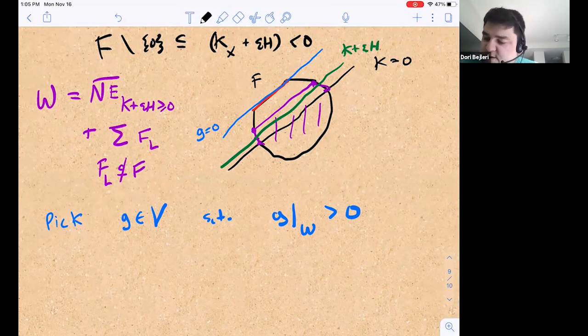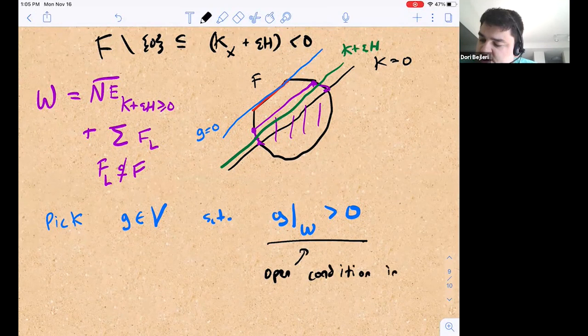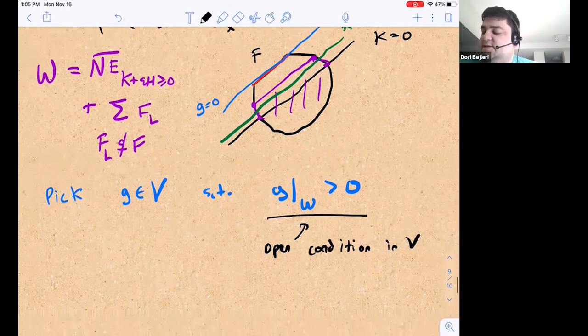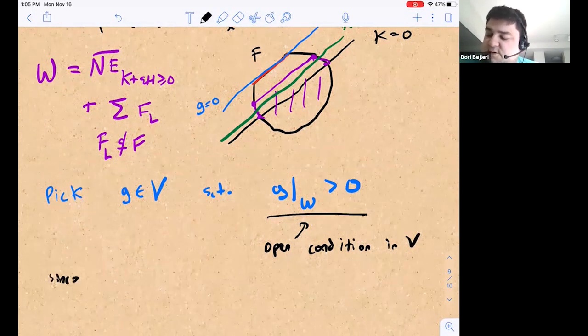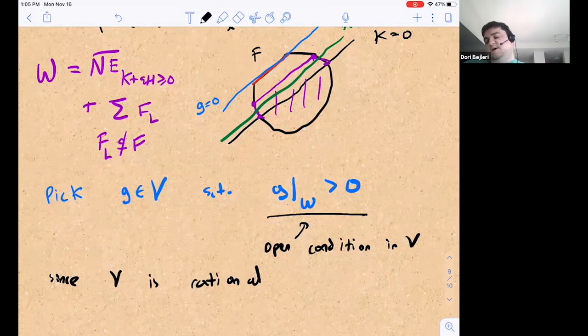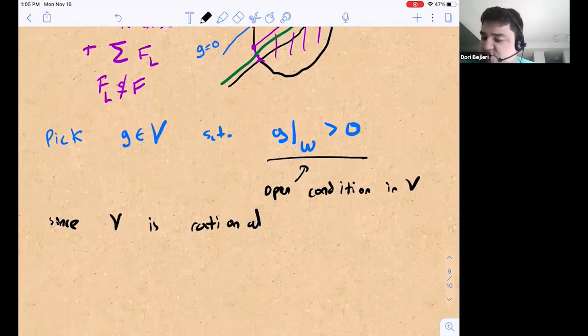But the point is that this condition is an open condition in V. And so since V is rational, the existence of one such G implies the existence of this open set, and because V is rational, then inside of this open set we'll have some points with rational coordinates.